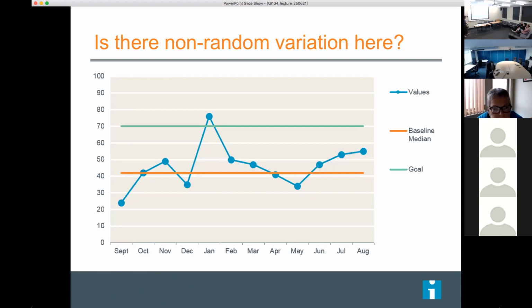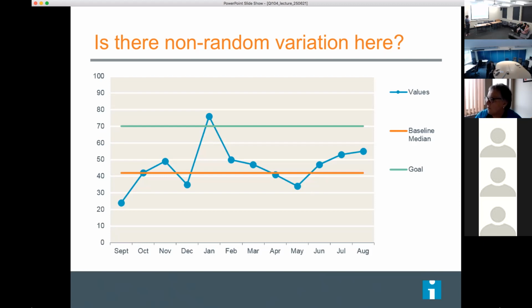Astronomical data point. Anything else? So, pardon? 6, right? Anything else?